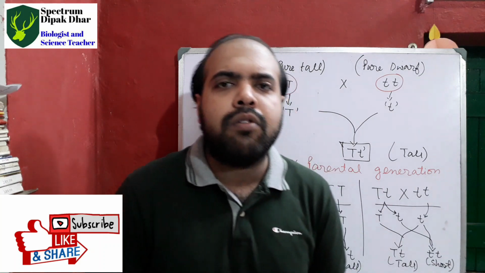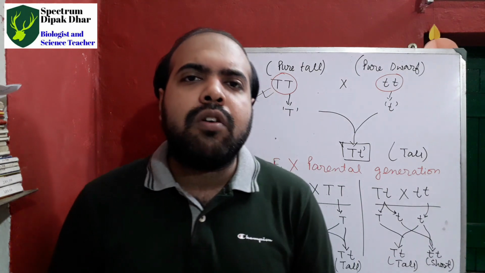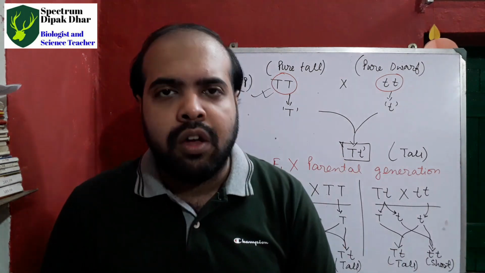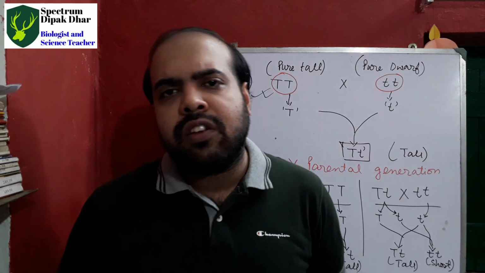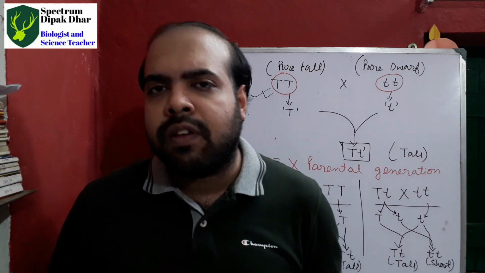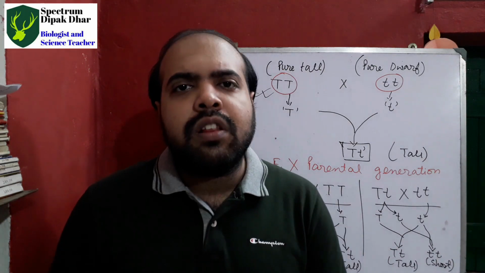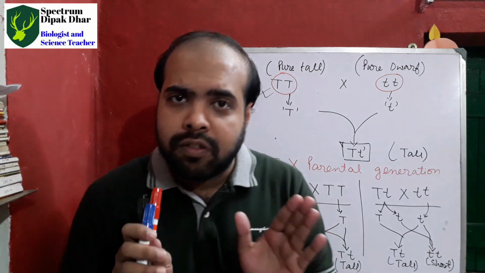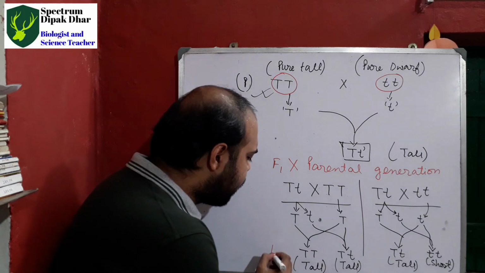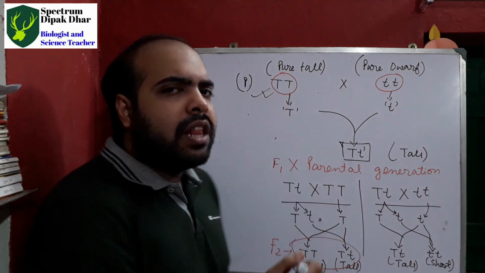So that's all about the back cross. I am again repeating: what is back cross? Back cross is the hybridization of the F1 generation with any of the parental generations. It can be homozygous dominant or homozygous recessive. If the parental generation you are crossing with the F1 generation is homozygous dominant, then all of the F2 generation will be exactly the same as the parental generation.